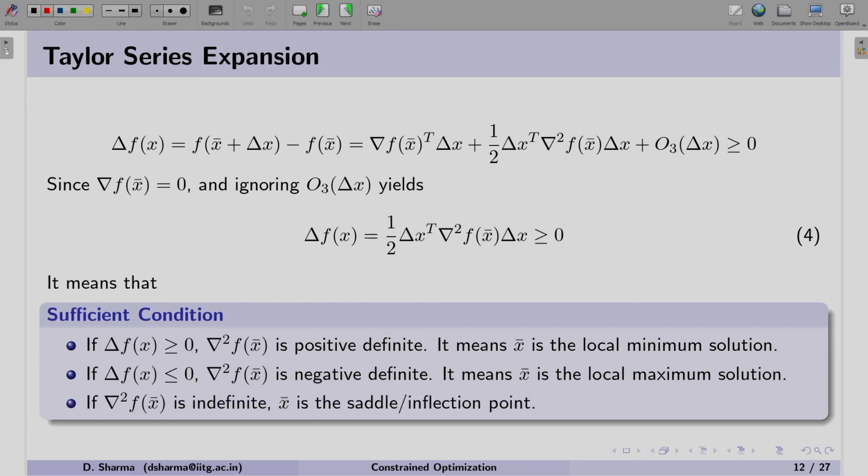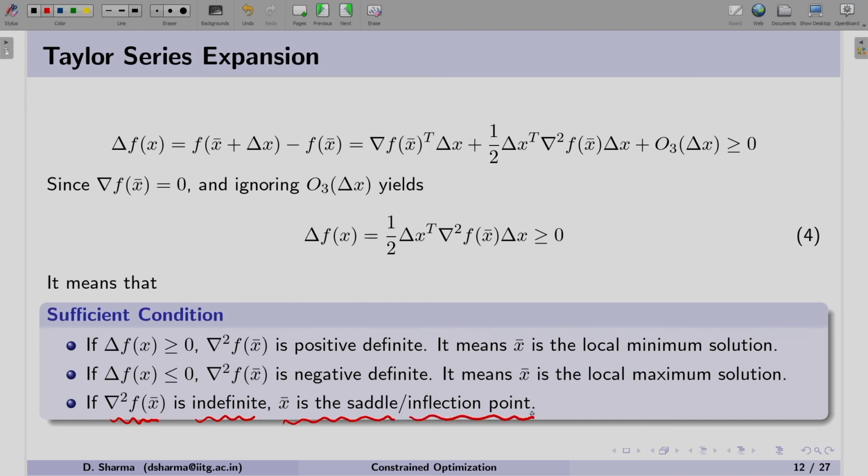In case the Hessian at x bar is indefinite, meaning it is neither positive definite nor negative definite, then we can say that x bar is a saddle point or an inflection point.